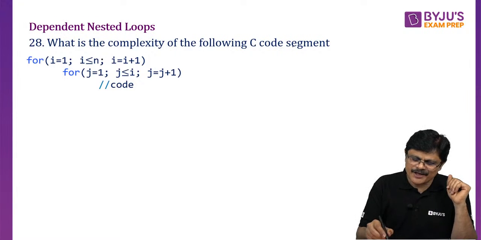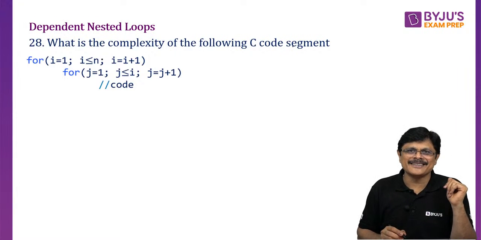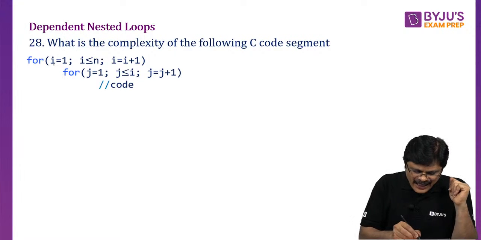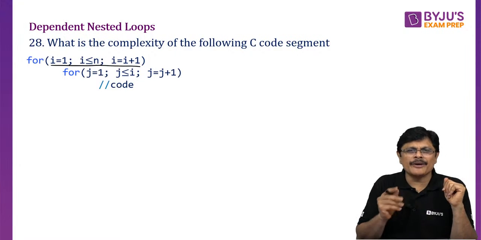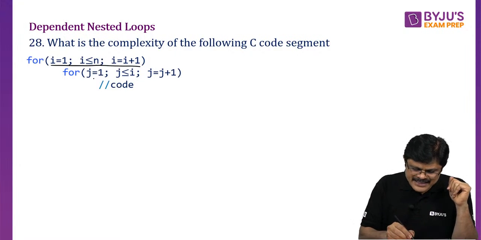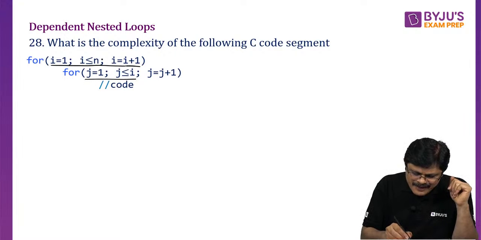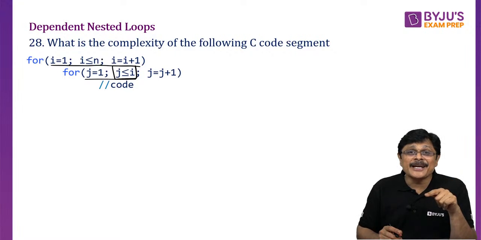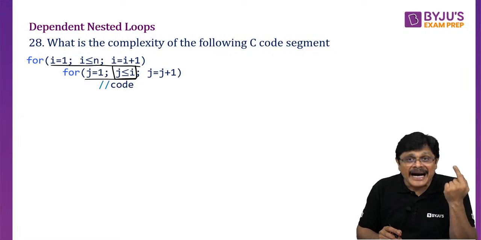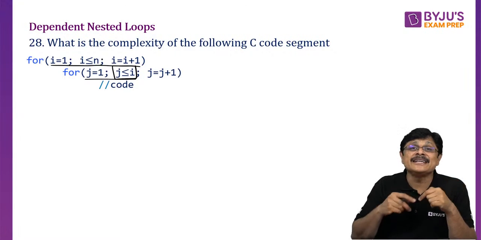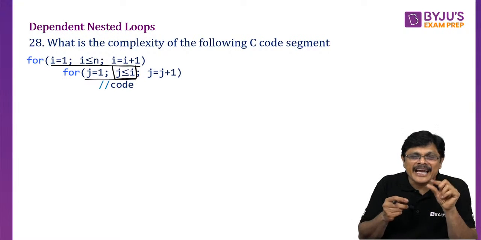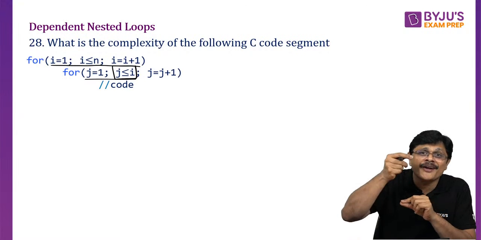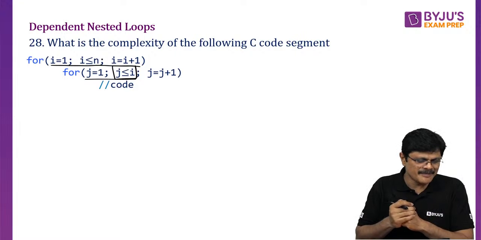What is the complexity of the following C code segment? Here the i value varies from 1 to n in steps of 1, but the j value varies from 1 to i. So j depends on the value of i, so we call them dependent loops. That is, the inner loop variable depends on the outer loop variable.